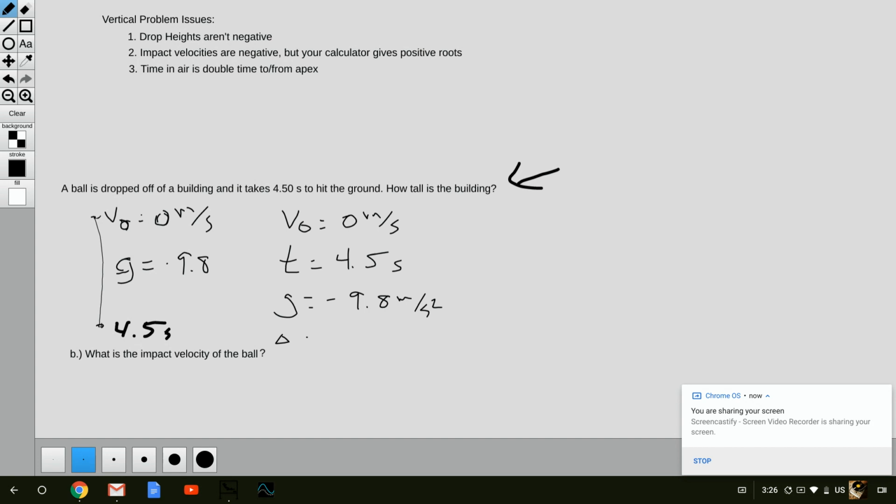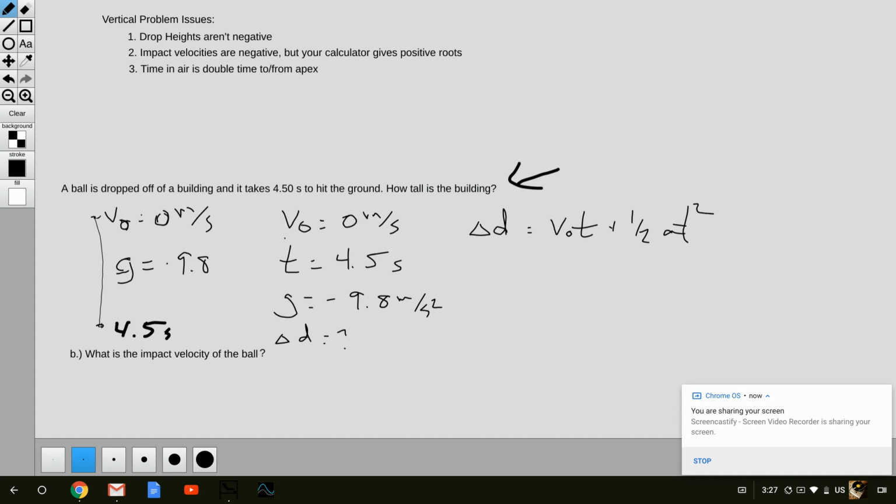And we're trying to figure out displacement. The best equation for that is this one right here: d equals v naught t plus 1/2 at squared.